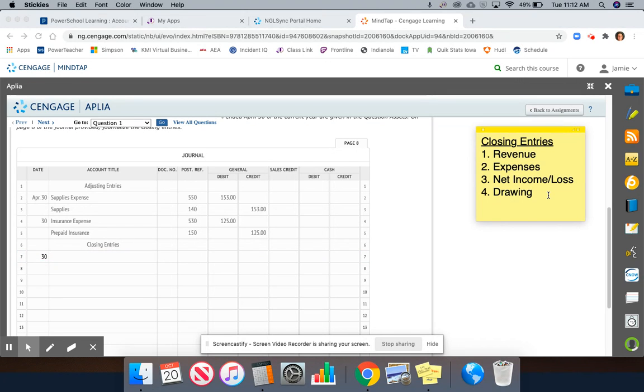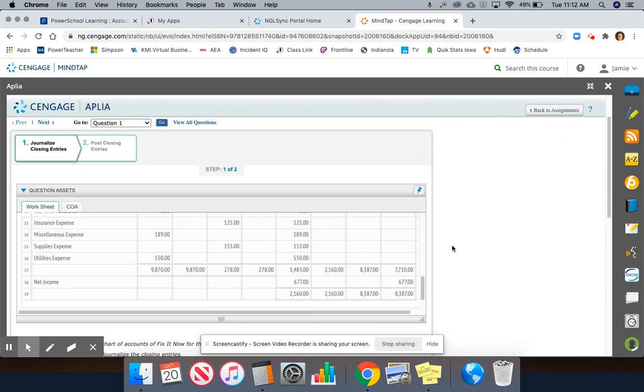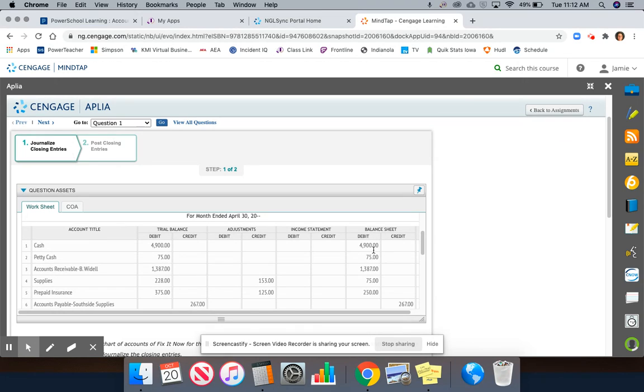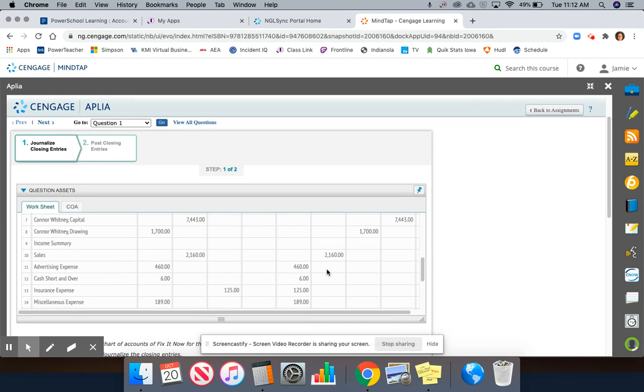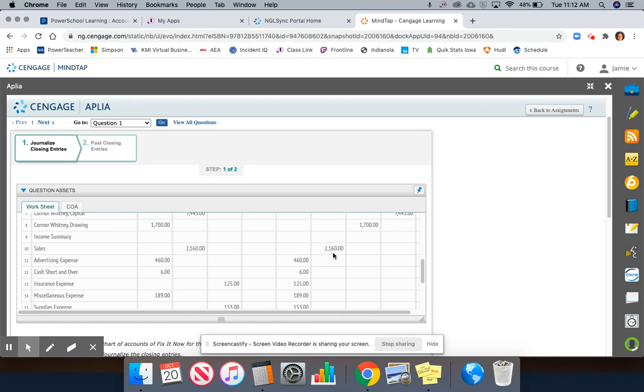As a reminder, our 4 closing entries: number 1, our revenue; number 2, our expenses; number 3, the net income or net loss; and then our drawing. So let's do our revenue first. We need to come up here and look at our revenue, which is just one sales account for $2,160.